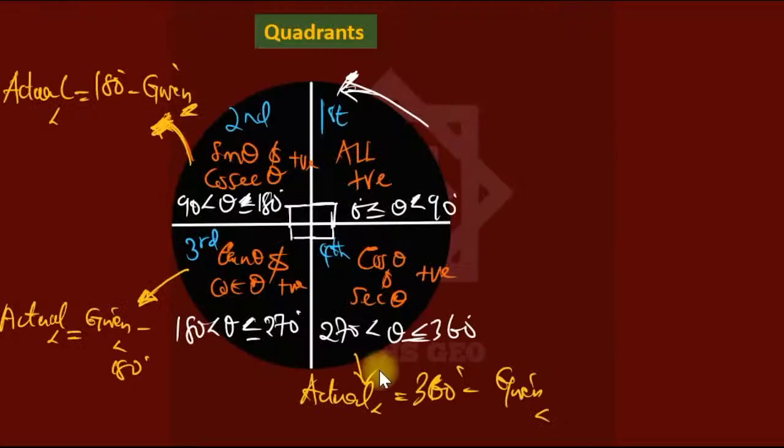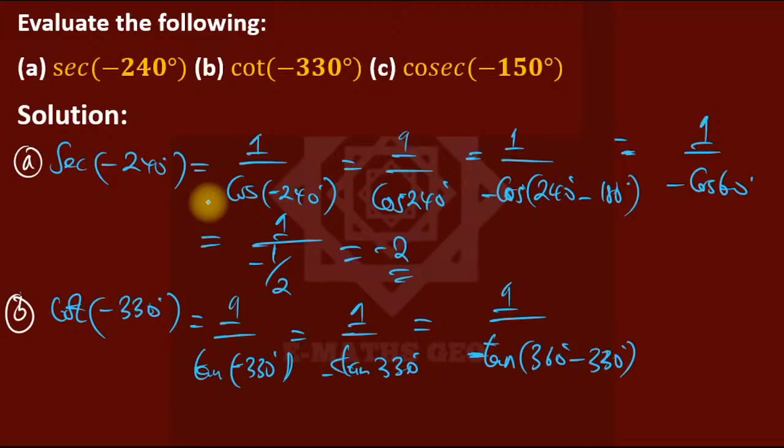See, it's only cos and sec that are positive, tan and the others are negative. So for this thing, before we put the negative sign, the one we brought out, this one now is for this. Why is this negative? As a result of the quadrant.